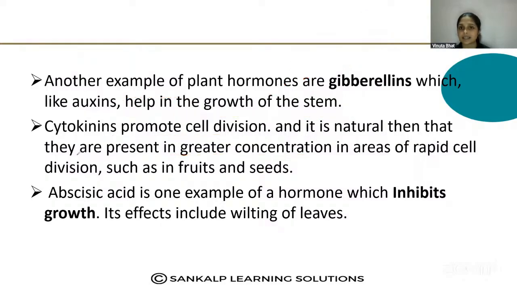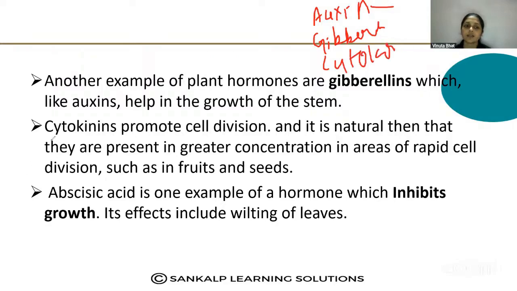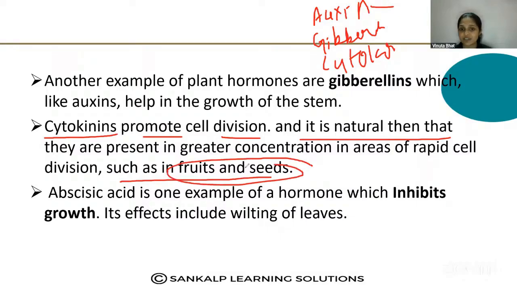The question will be like this: write the functions of the following hormones, auxin, gibberellins and cytokinin. Cytokinins are present mainly where rapid cell division occurs, that is, in fruits and seeds.